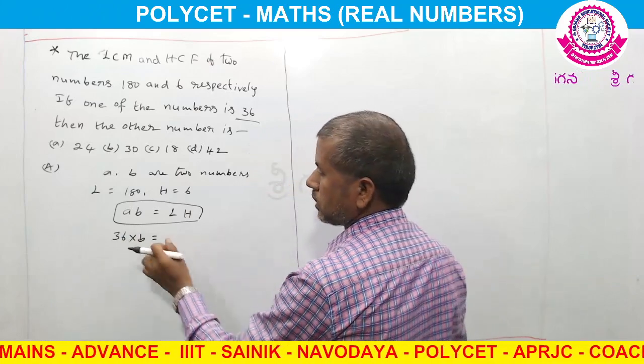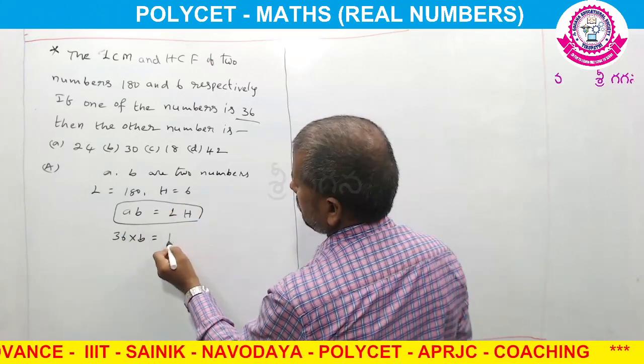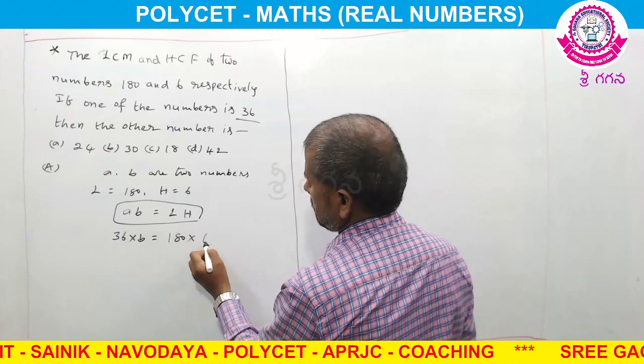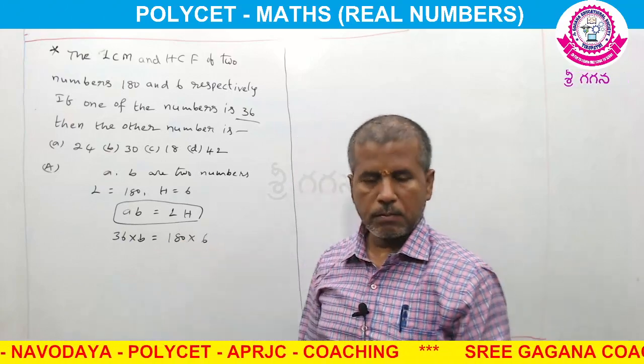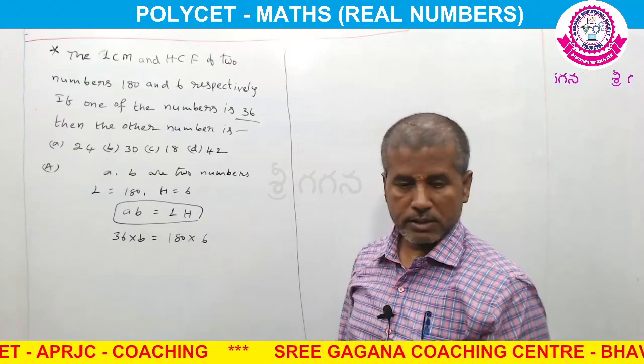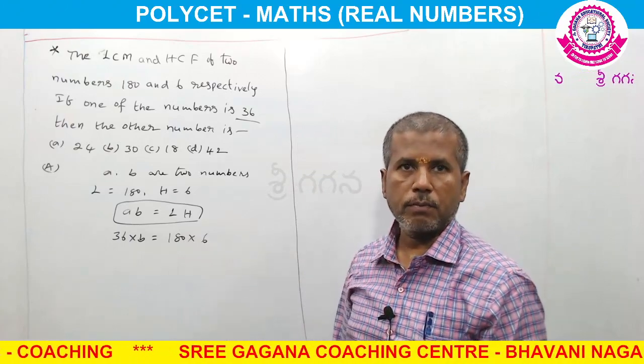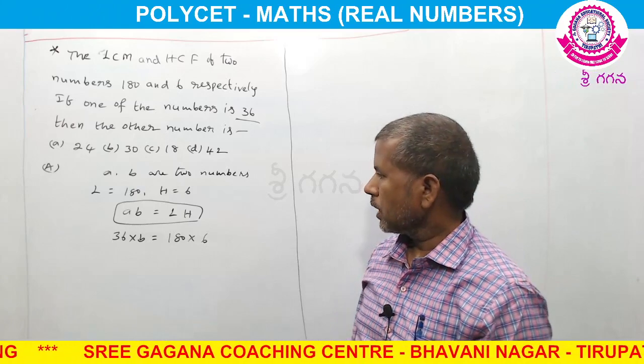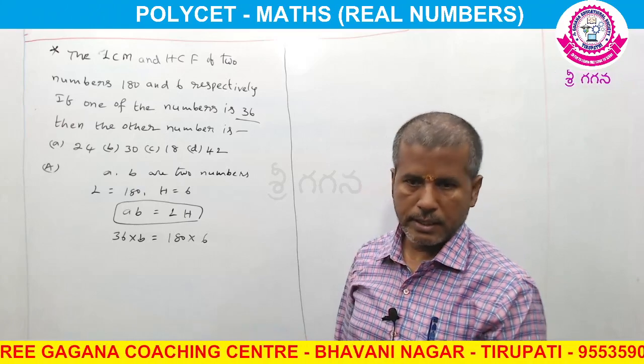L means LCM 180, H means HCF 6. So we can take any number as A, but here I take A as the first number, and find out B, the second number.